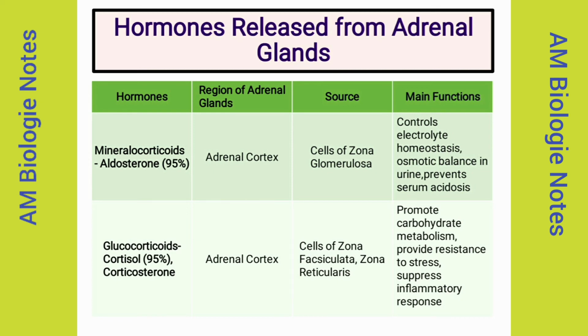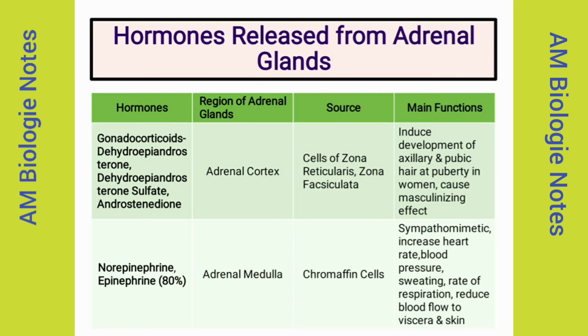They are secreted mainly from parenchymal cells of zona fasciculata and to a lesser extent of the zona reticularis. These hormones promote carbohydrate metabolism, stimulate mobilization of fats, provide resistance to stress, suppress inflammatory response, etc.